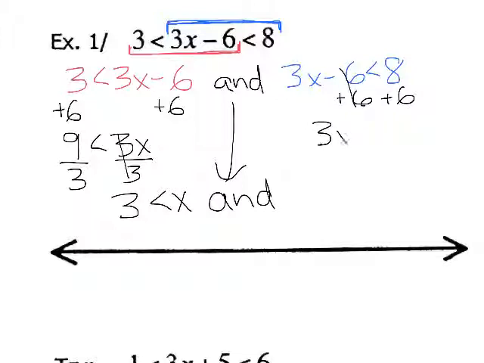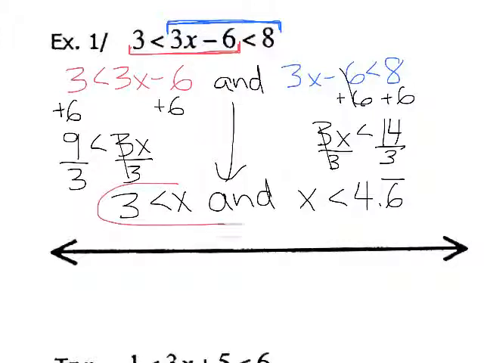I have 3x is less than 14. Divide by 3. And that would give me 4.6. So x is less than 4.6. Okay, so I solved those 2 inequalities separately, and here is my inequality answer.